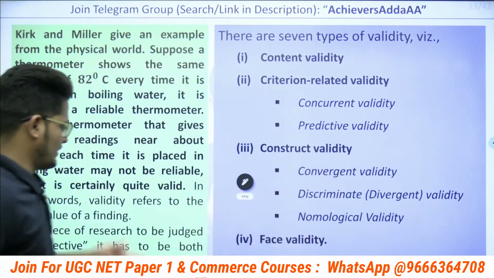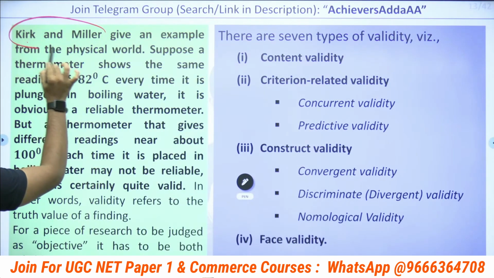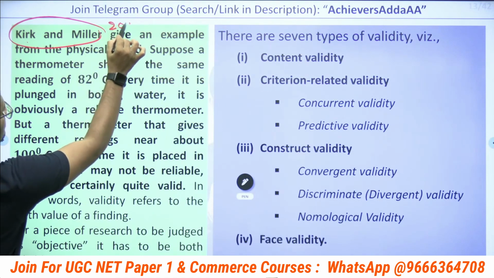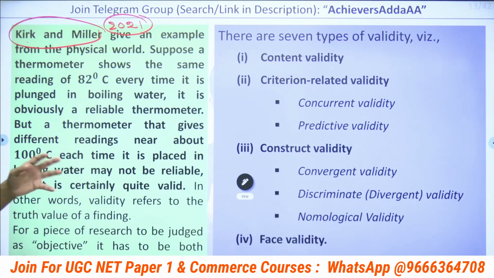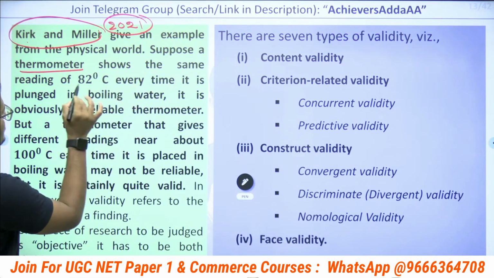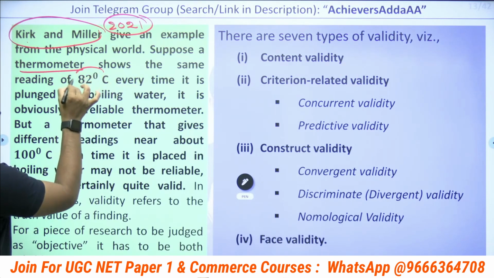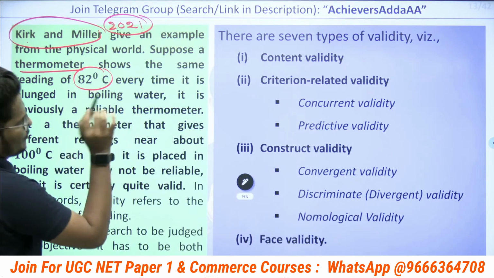Look at once over here on the left side, Kirk and Miller, most important 2021 question. New types of reliability. He gave an example from the physical world. Suppose a thermometer shows a reading of 82 degrees Celsius every time it is plunged in boiling water.